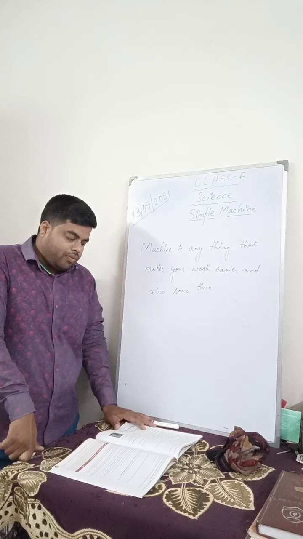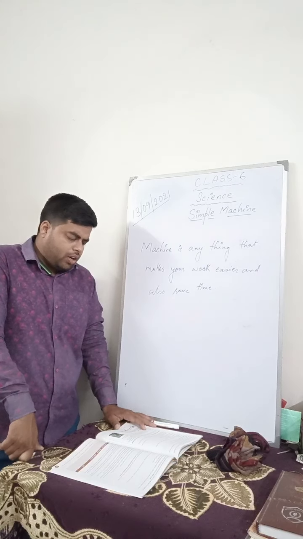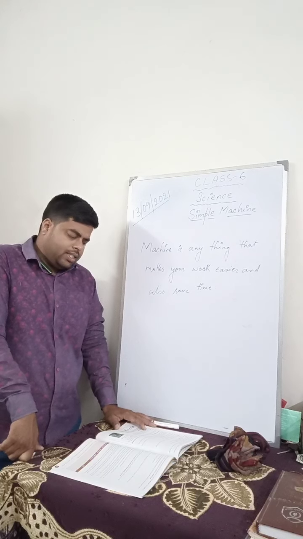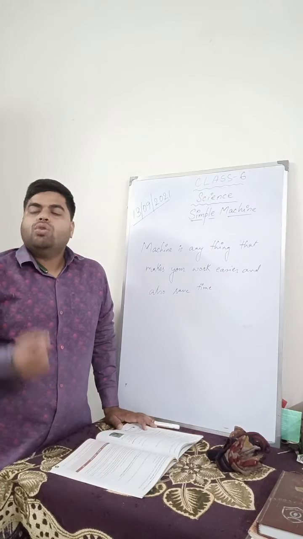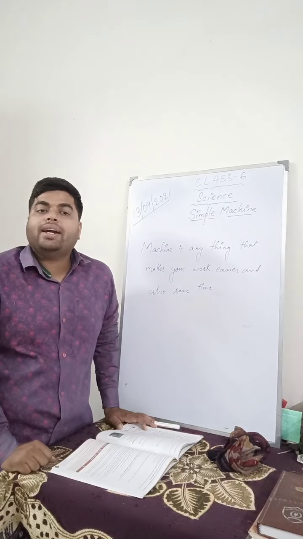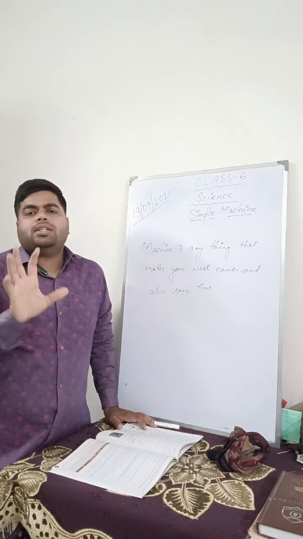Generally, the efficiency of a machine is always less than 100% because some energy is lost while operating the machine, such as energy lost due to friction. So there are no machines which have 100% efficiency, because when you start doing some work, some energy is wasted.